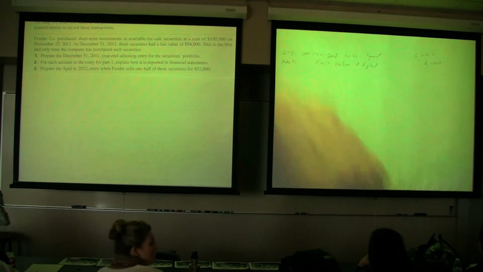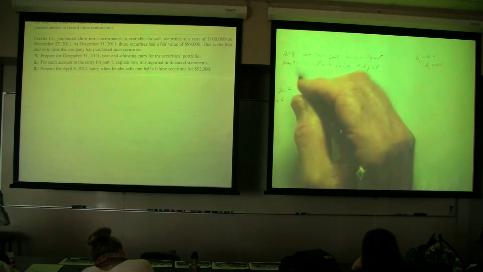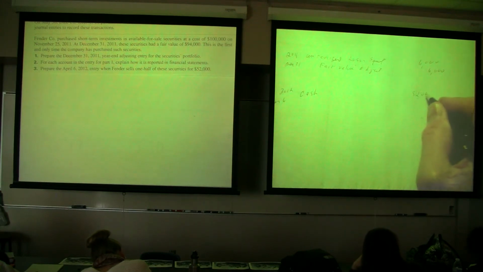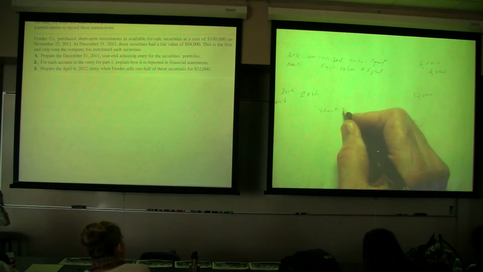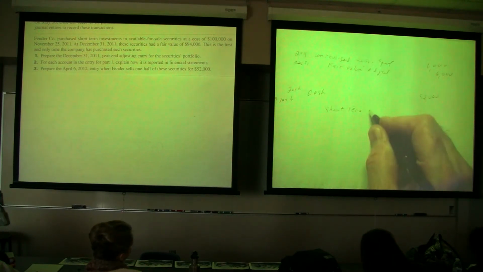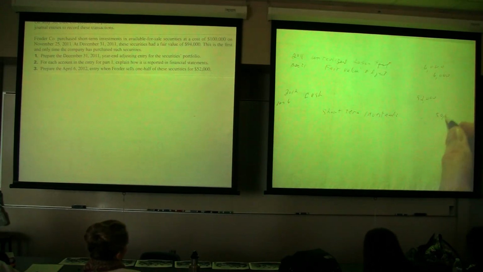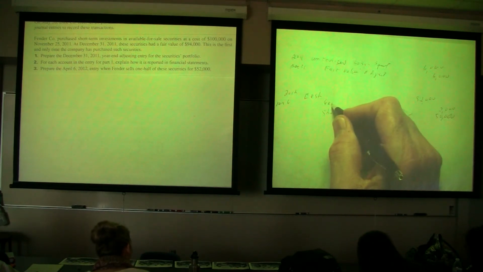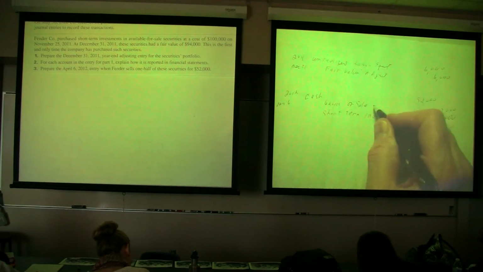So when they do that, this is 2012, this is the next year, it's April 6, cash is debited for $52,000, and your short-term investments is credited for $50,000 because you sold half of it. There's a plug figure of $2,000, and that will be a gain, okay, on sale, okay, of short term.